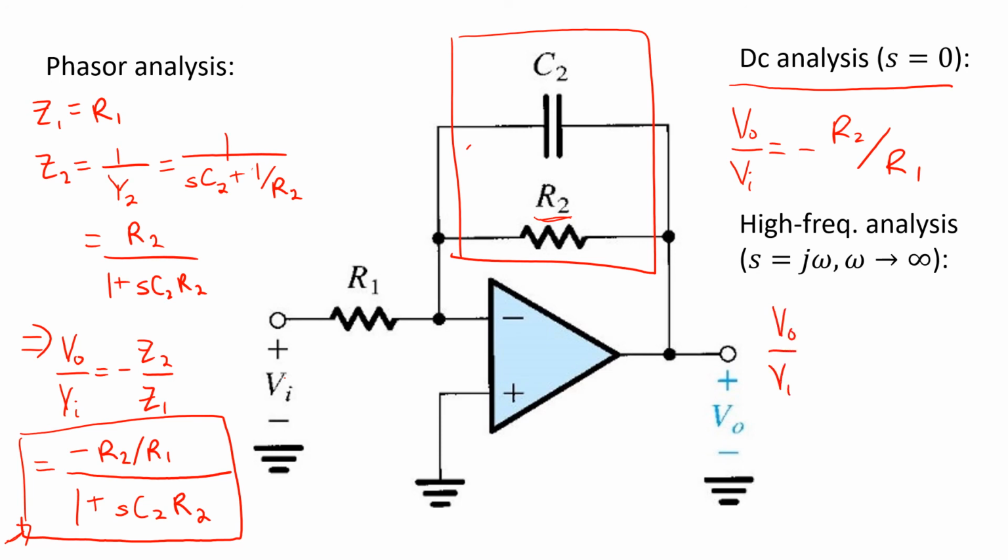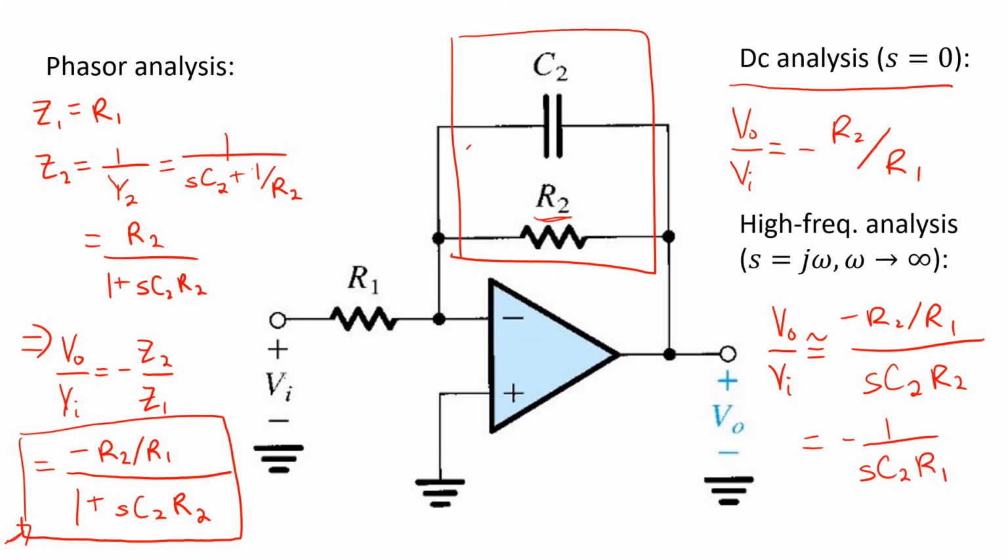So we'd be left with a gain expression that's negative R2 over R1, and only the second term in the denominator would remain. The values of R2 would then cancel, and we'd just be left with negative 1 over sC2R1.